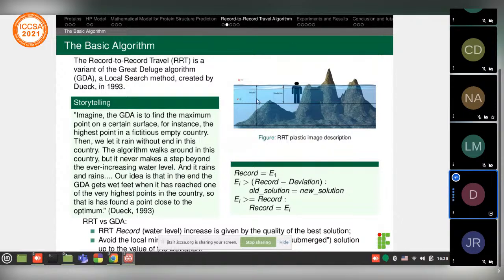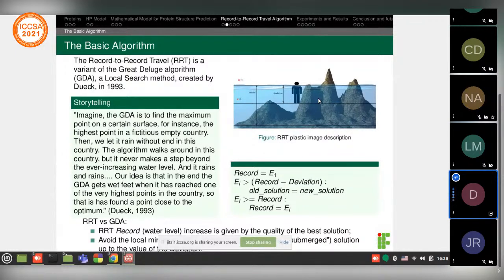So record, you can see here, is the water level that is rising, so it gets a negative value. Deviation is half of record and is the height of the man, and is set to a negative value close to 0.